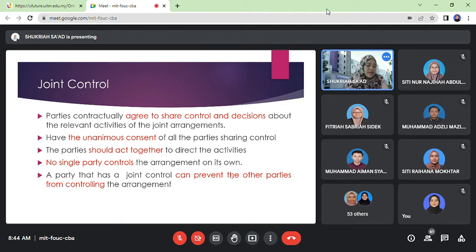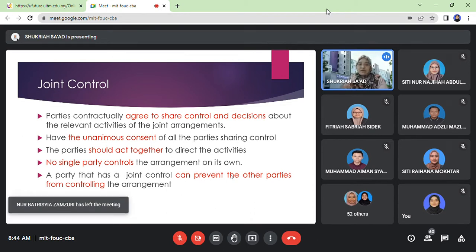At the same time, joint control must also have unanimous consent. Unanimous consent means they have an agreement. All the parties involved must agree on whatever decision making they are going to have after that.